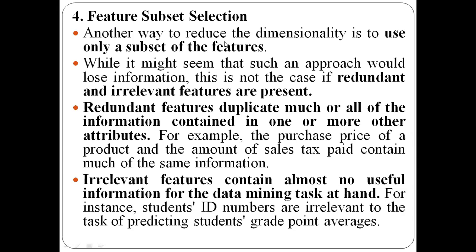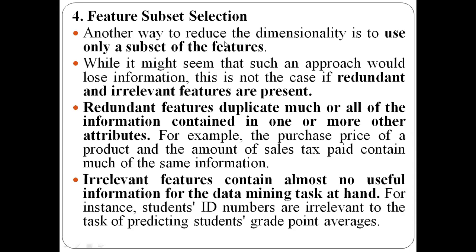I can select only the attributes required for my task. I require name, USN, and marks. These three attributes are sufficient to perform my analysis task, that is, calculation of the aggregate.